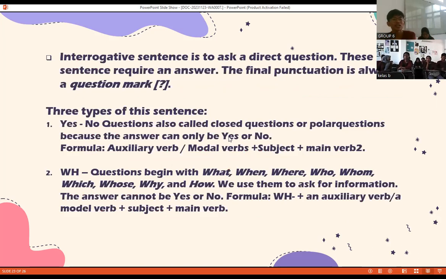Okay, next is interrogative sentence. So basically, this sentence is used to require an answer. The final punctuation is always a question mark. There are three types of this sentence.